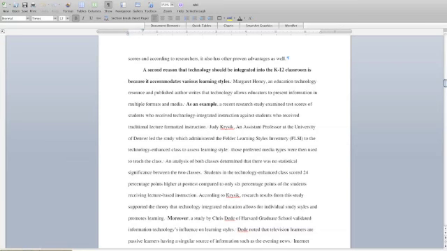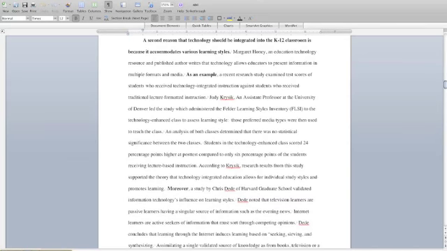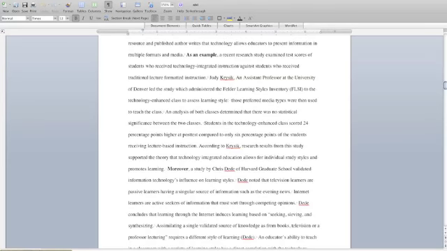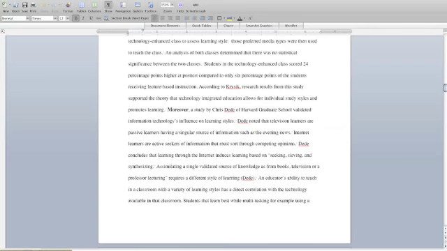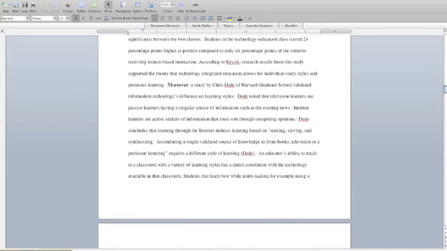Margaret Honey, an educational technology resource and published author, writes that technology allows educators to present information in multiple formats and media. As an example, it moves into a recent research study that examined test scores, and then it moves into more information about that. Moreover, a study by Chris Dede of Harvard Graduate School validated information technology's influence on learning styles.